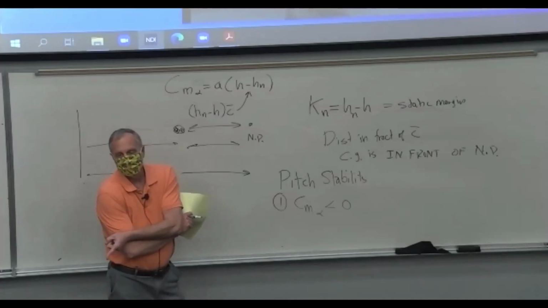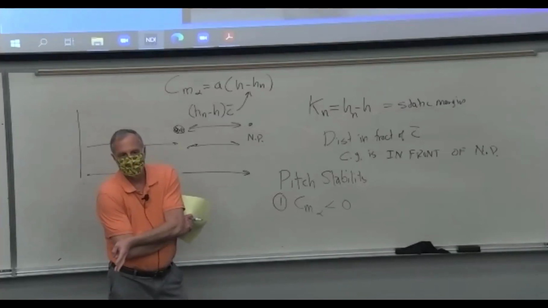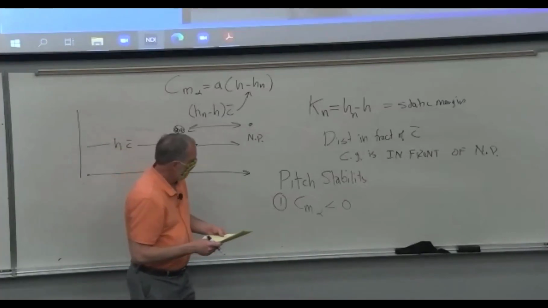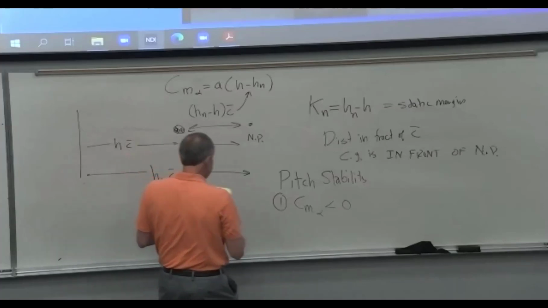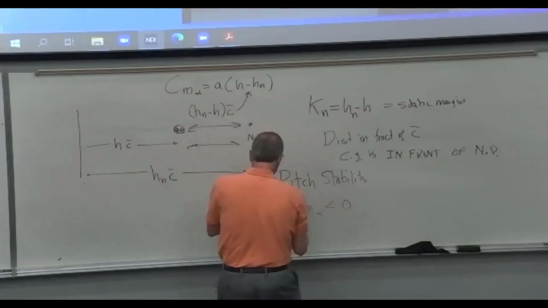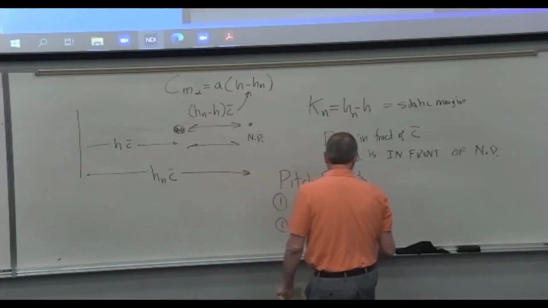A disturbance from equilibrium causes something in the direction to restore it back to equilibrium. So that's tied directly to the definition. But based on our calculations, we've also found out that equivalent is that H, the CG, must be in front of the neutral point.